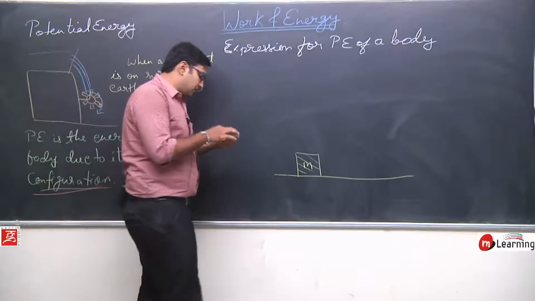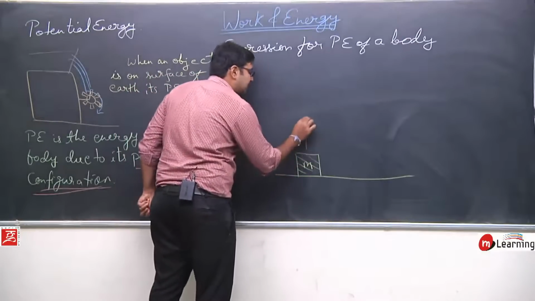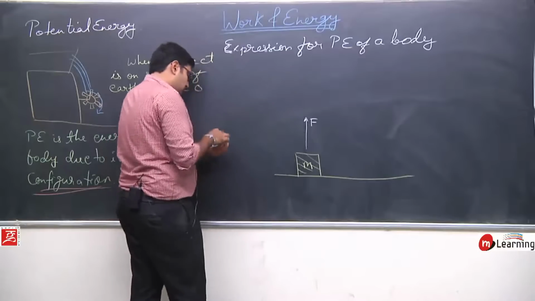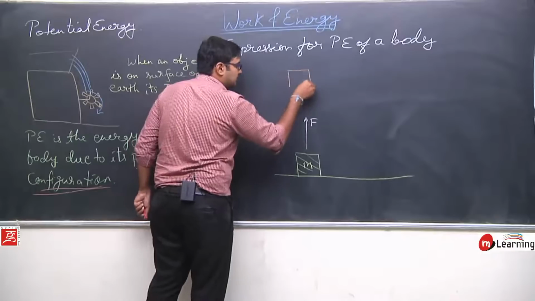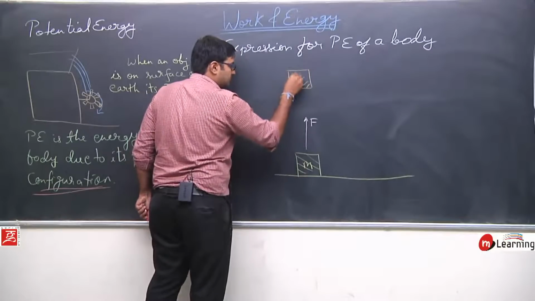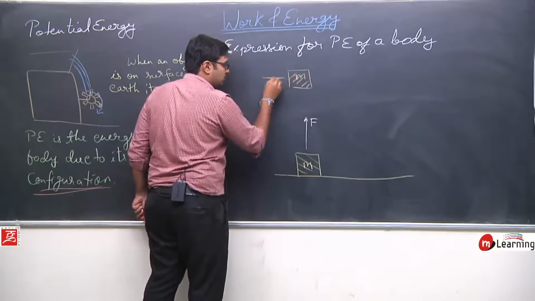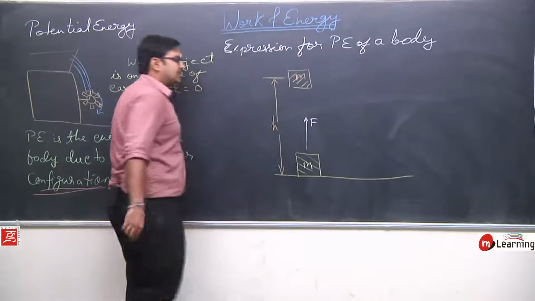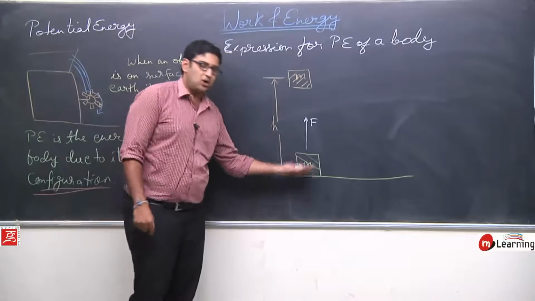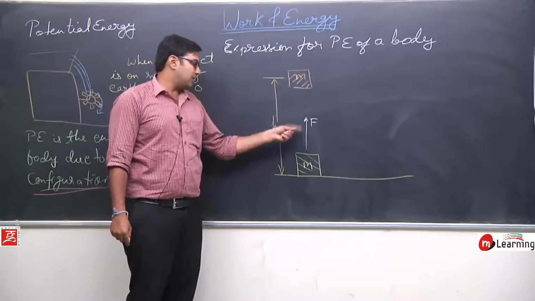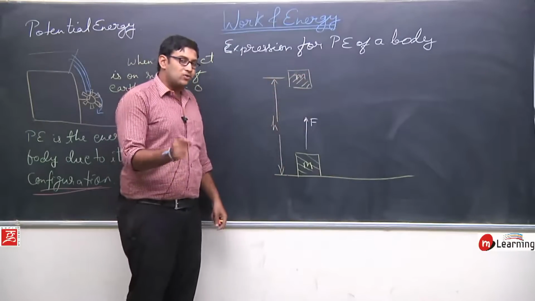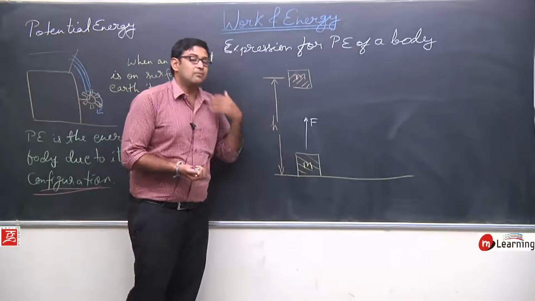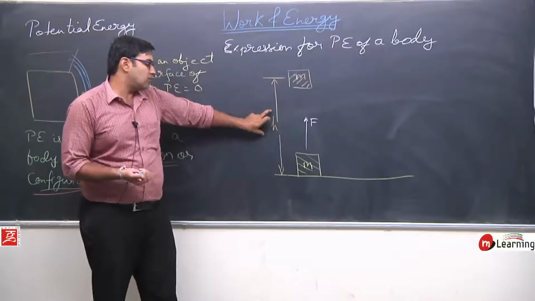Okay, so I will apply a force F on this block to move this block of mass m from this position to this position, which is at a height of h. To this height h I have to lift this block by applying a force F. Now you can see that if I am applying a force F on this block, I am doing some work because I lifted this block by this height.